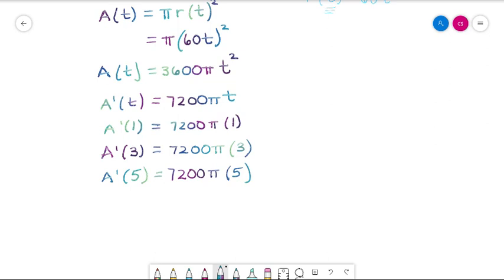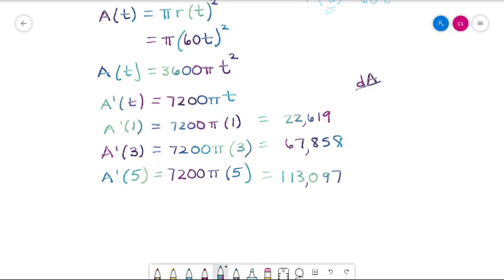Okay. All right, so what's our calculator spit out? We'll go to just the nearest ones place. Okay. So at 1, the area is increasing at a rate of 22,619. What are the units?